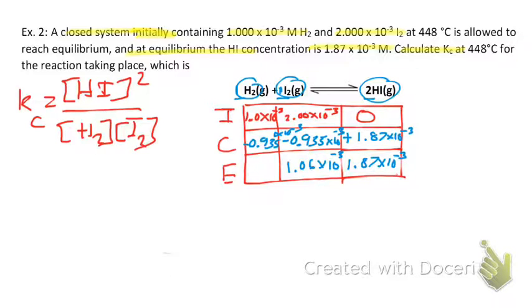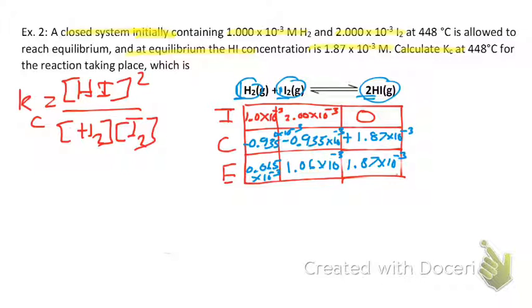And that value, again, is half of the change in our product because of the ratio of 2 to 1. Okay? So when we subtract the two values at equilibrium, we should have 0.065 times 10 to the minus 3. Okay? I'm just going to leave it in the negative 3 power. All right? So now, with our ICE values, what that leaves us with is the equilibrium concentrations.